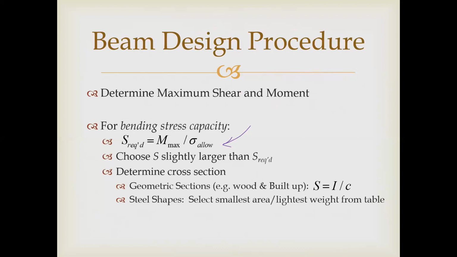From that, you can determine your cross-section. If it is a geometric cross-section, like a rectangle or some other geometry that you can calculate the I for easily, then from S, you can figure out what I over C, what the exact values of I and C need to be.